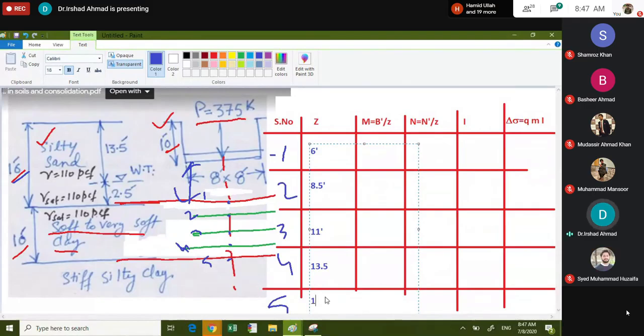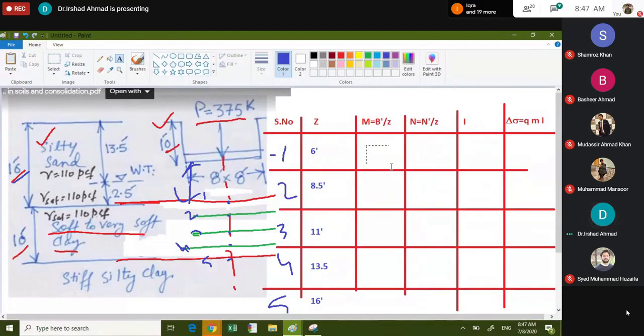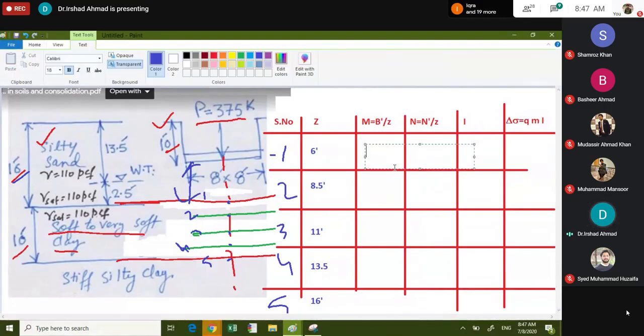At the end you had 16 feet, right? Now you have m equal to B prime over Z. For this one case, I would do m is equal to B prime, which is 4, and depth is 6, so it is 0.67.